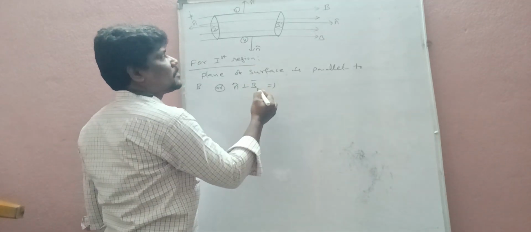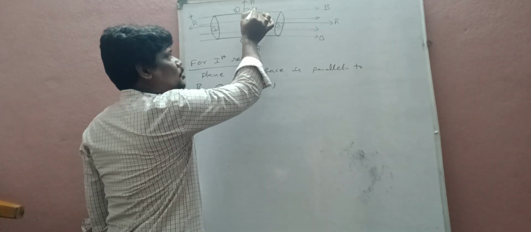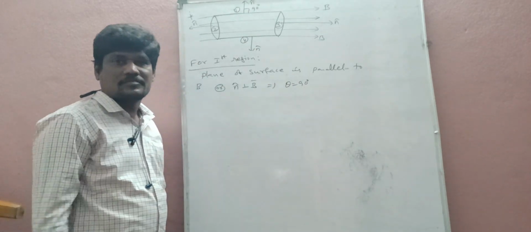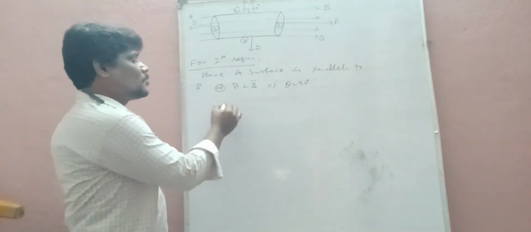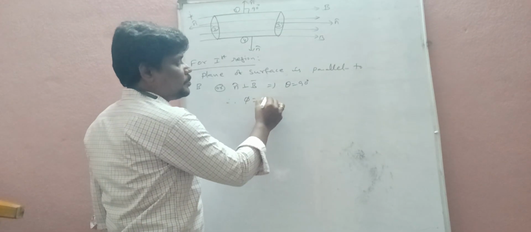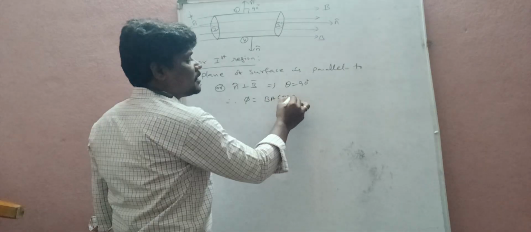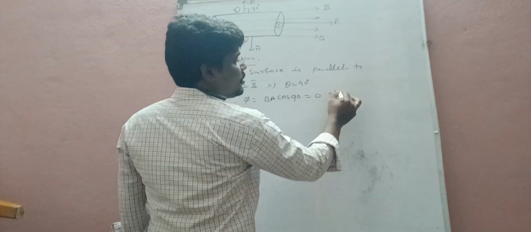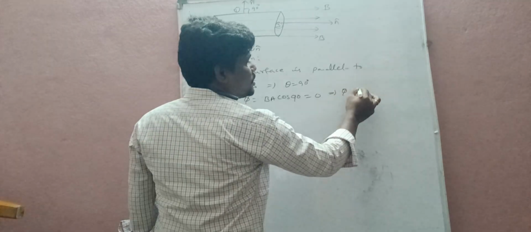That implies, what is the angle between these two? 90 degrees. This theta equal to 90 degrees. Therefore, what is the flux? Phi equal to BA cos 90, that is equal to 0. Therefore, flux phi equal to 0.